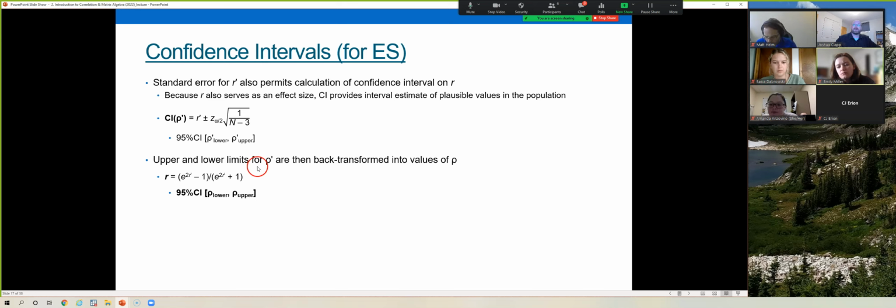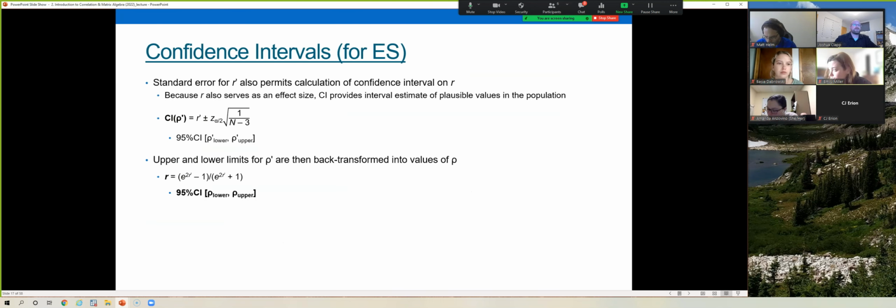The formula to back transform those into lower and upper bound estimates of the population correlation is just R equals e to the 2R prime minus 1 over e to the 2R prime plus 1. You just back translate that to get your upper and lower values of your correlation coefficient. Okay, so it's just basic algebra, plugging things back and forth.